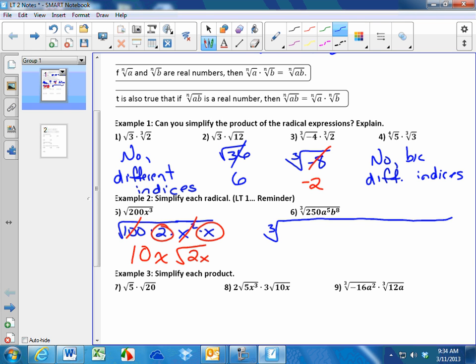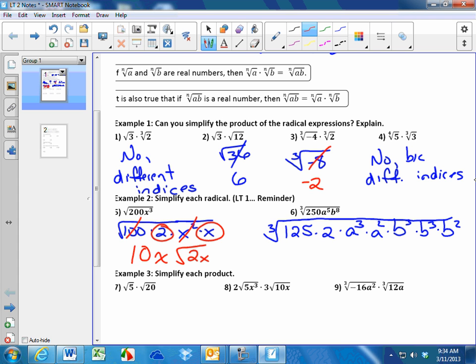Take your calculator and see. 250 divided by 125 is 2. You can make 1 out of it. 1 a cubed with a squared left over. And b to the 8th, you can make 2 b cubes out of that with 2 b's left over.